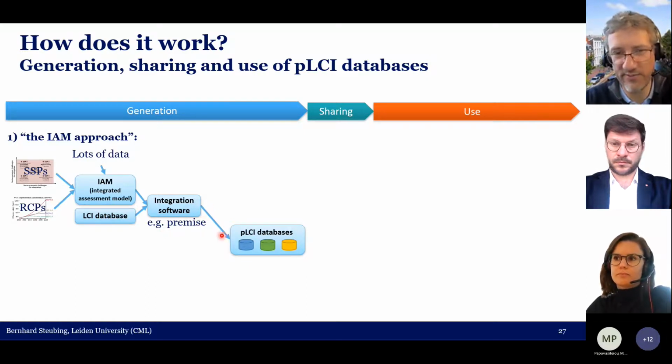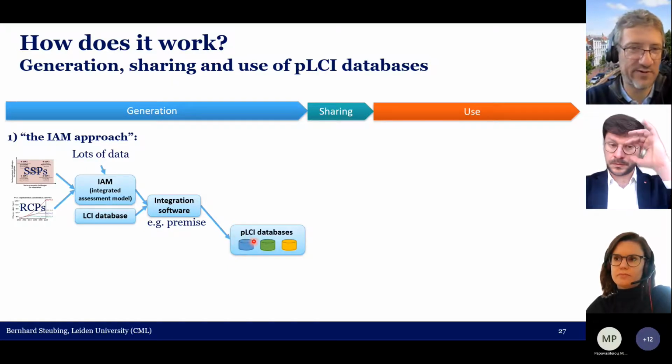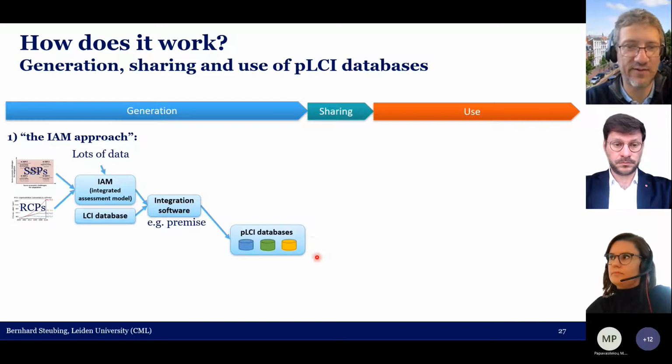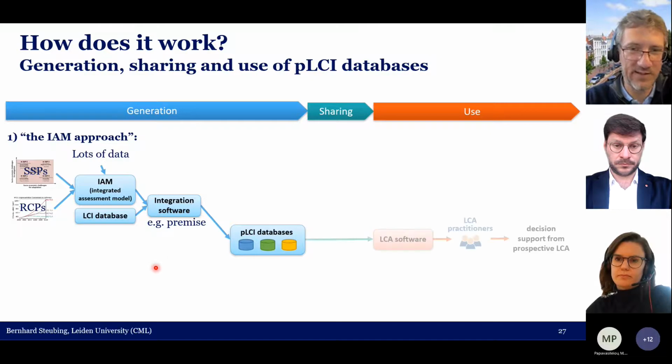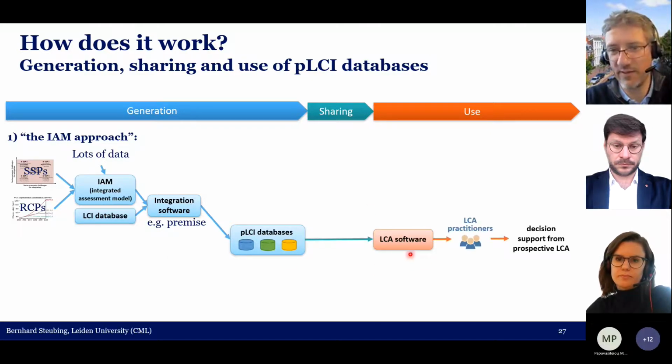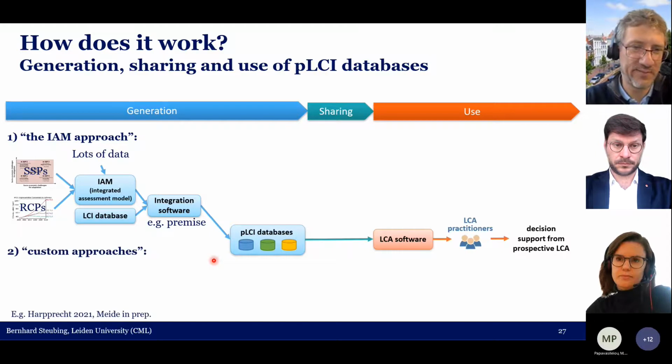The result is different prospective databases representing different scenarios at different points in the future. These can then be imported in LCA software and used by LCA practitioners to derive decision support.